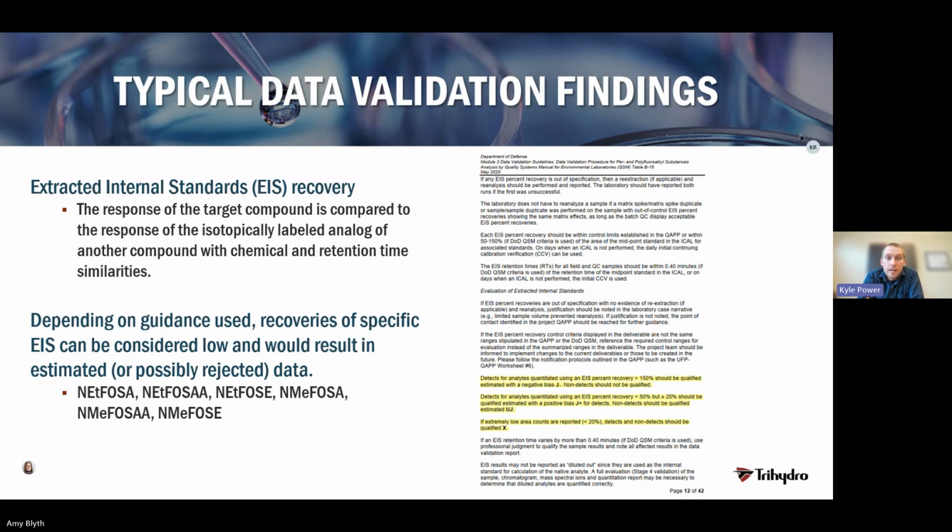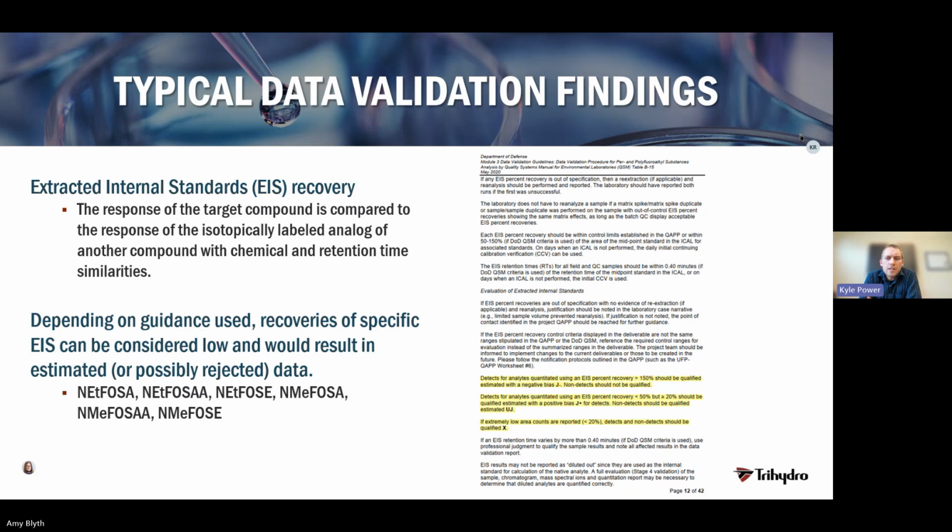The first I'd like to point out is with the extracted internal standards. These are a little different if you compare them to other methods and their internal standards. You extract them before you go through the process. Usually in other methods, you have a couple of internal standards that represent specific analyte groups.